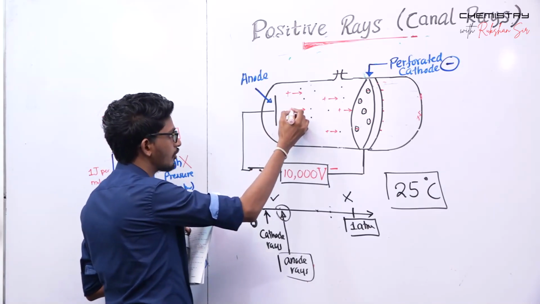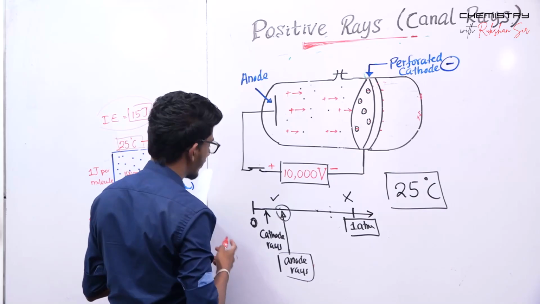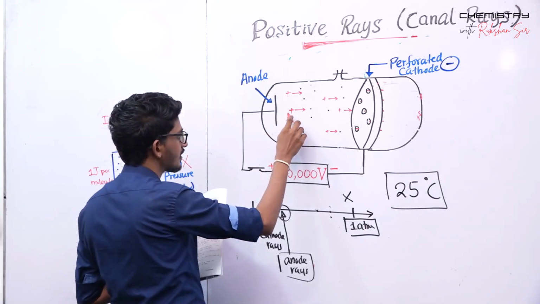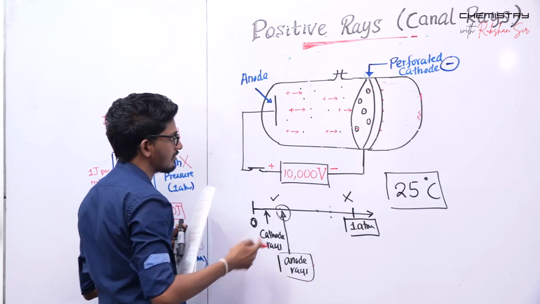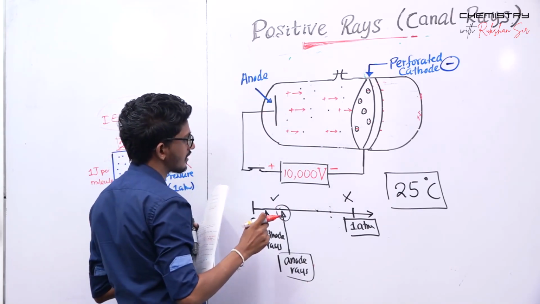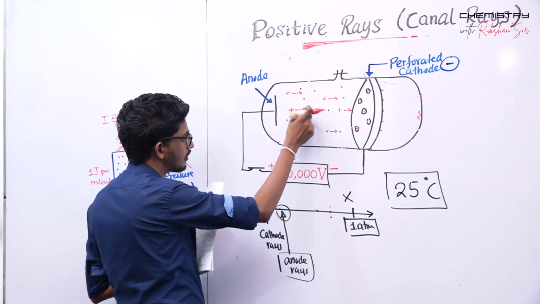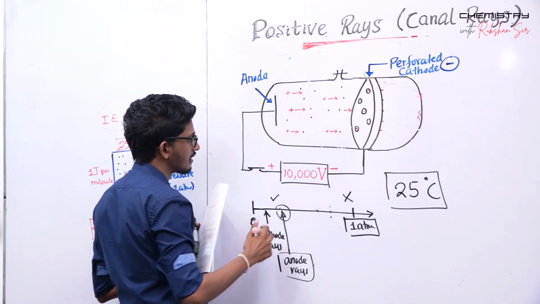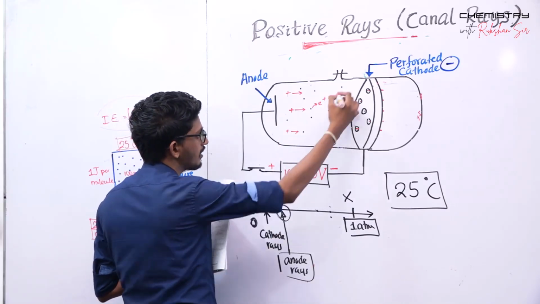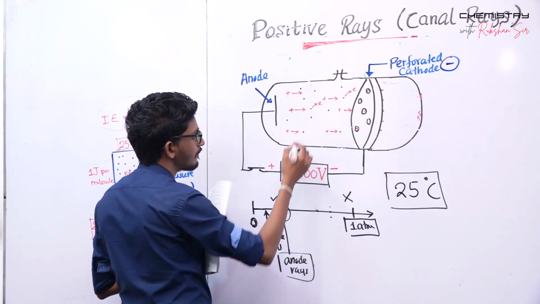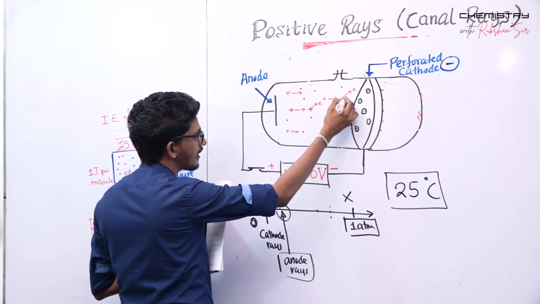So what will happen then? When these guys hit the unionized particles, they will transfer their kinetic energies to the electrons of the unionized particles, and those electrons will be removed as well, making some more positively charged particles.